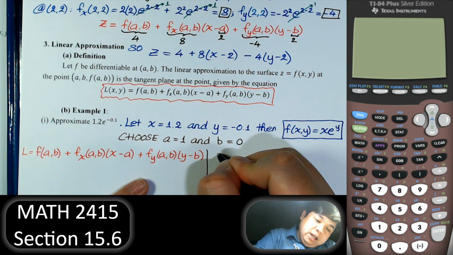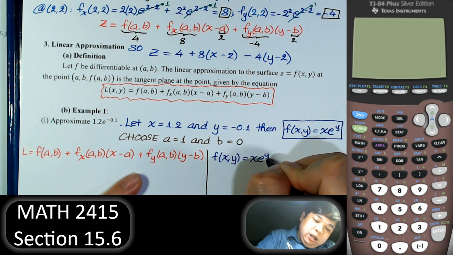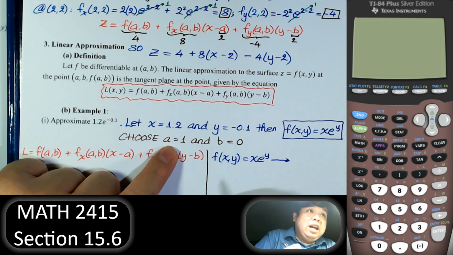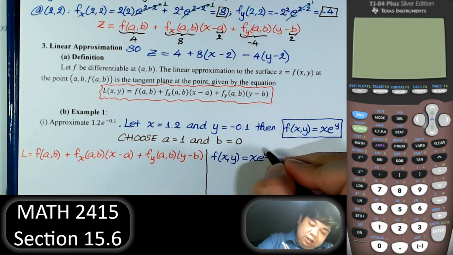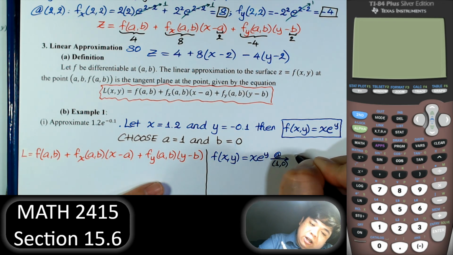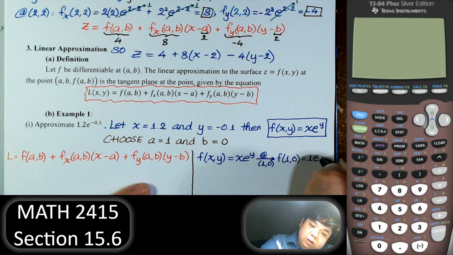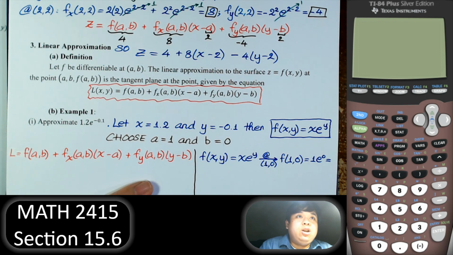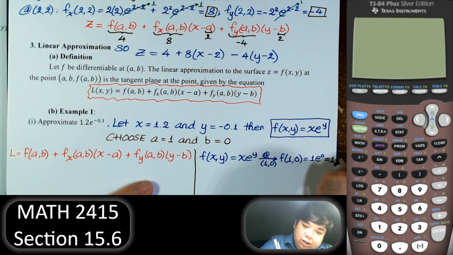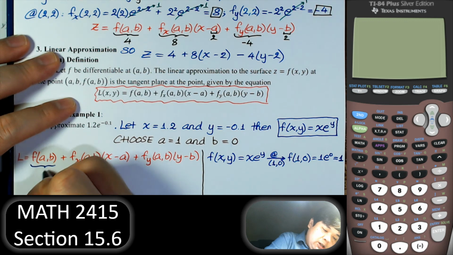So the function is x e to the y, and at the point a equal to 1, b equal to 0, or we say at the point 1 for x, 0 for y, f of 1 and 0, is 1 times e to 0 power, which is equal to 1. So we know that this is equal to 1.